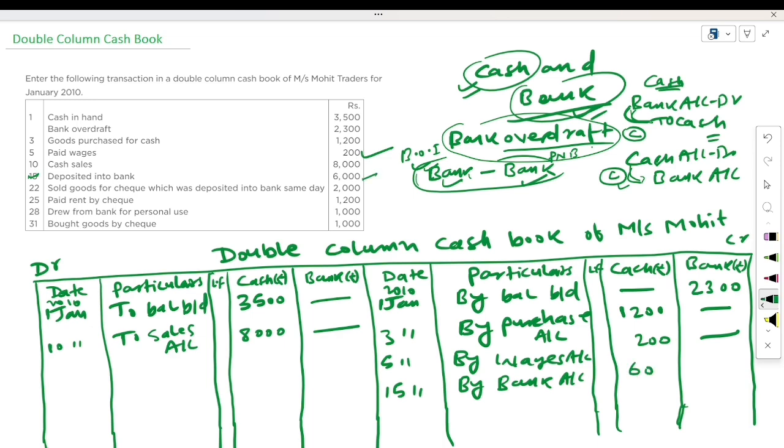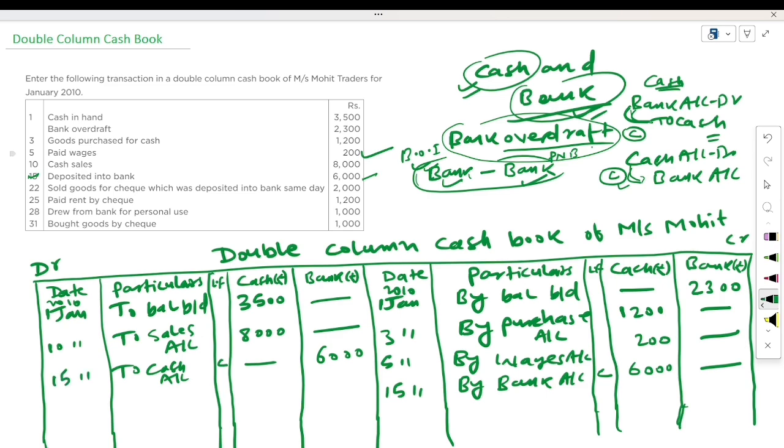We will write here 6,000. This is the payment side. Here to cash account. This is the contra entry. You can write contra entry. You will receive this cash into your bank account. How much? 6,000. This is all about the contra entry.